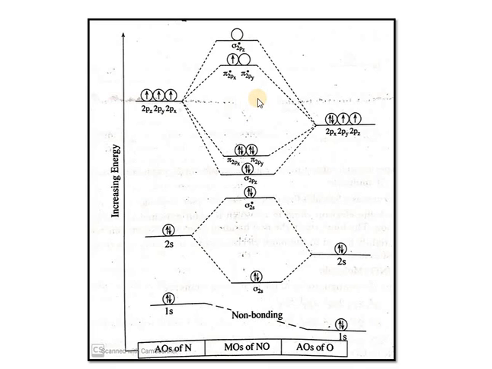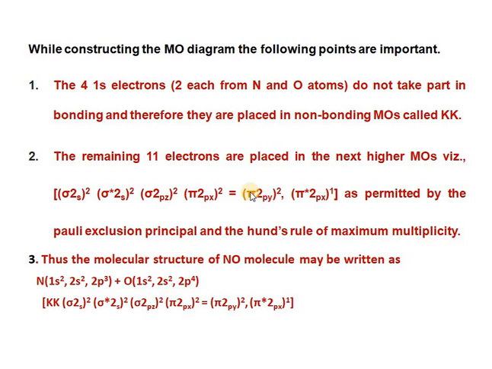The electronic configuration of the nitric oxide molecule can be written like this: KK, sigma 2s2, sigma star 2s2, then pi 2px2 = pi 2py2, sigma 2pz2, and pi star 2px1.